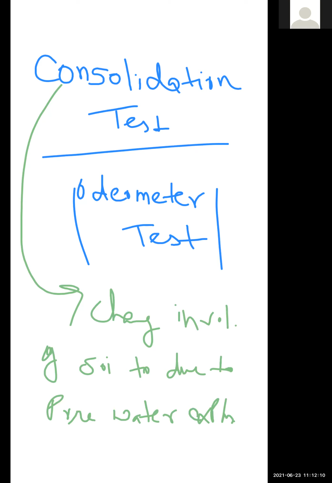So consolidation is a very slow process, also time dependent, but compaction is a quick process. Compaction is done mechanically, while consolidation happens naturally, under the self weight of soil.